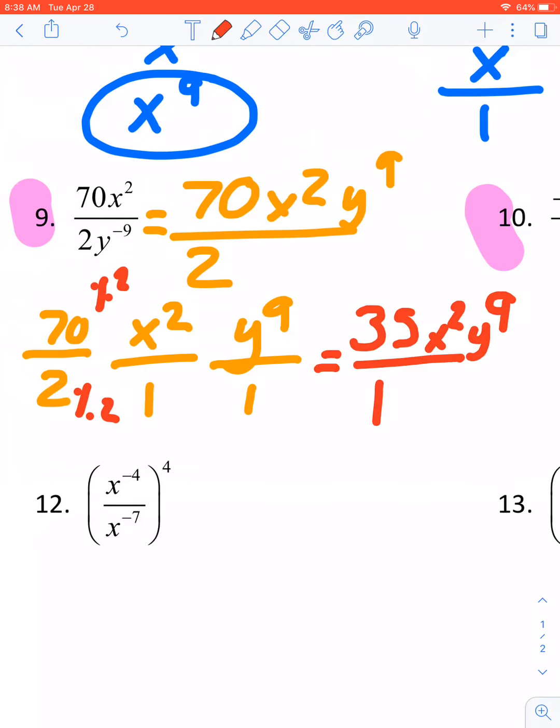So I can leave my answer like this, and that's perfectly fine as an answer, 35 x squared y to the 9th. Or mathematically what you're going to see is it written just like that, because that 1 on the denominator doesn't really do anything. So 35 x squared y to the 9th. Okay?